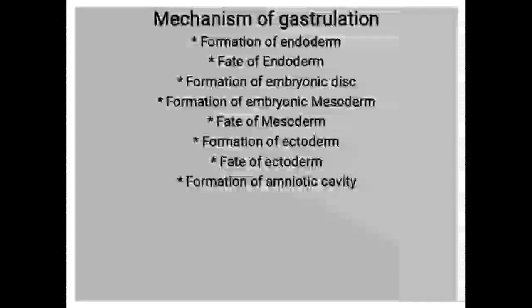Now, formation of ectoderm. The remaining cells of the blastodisc become columnar and form ectoderm.